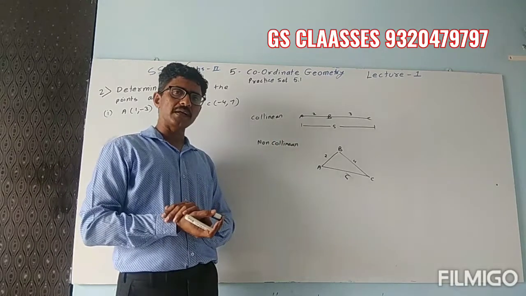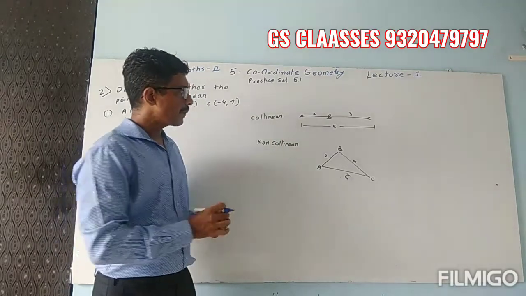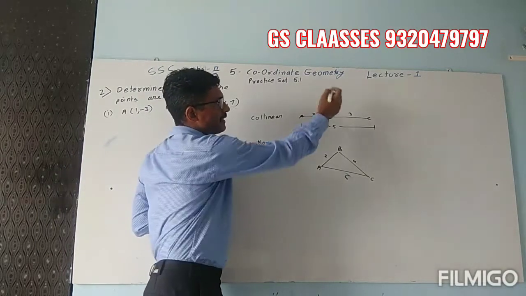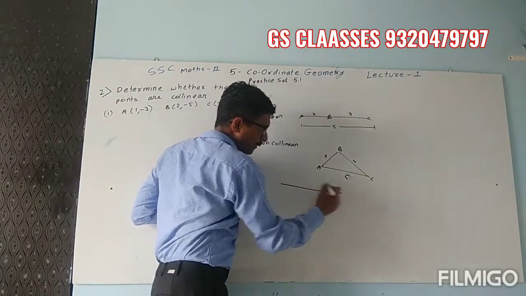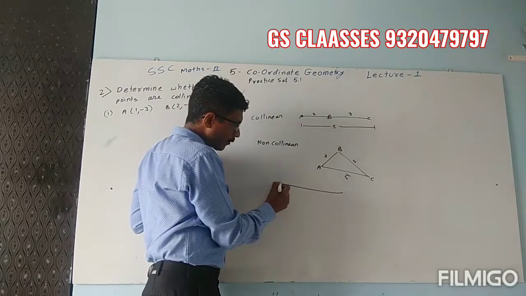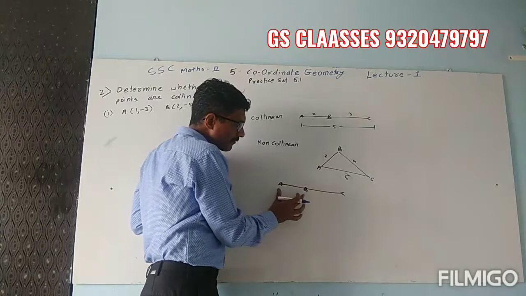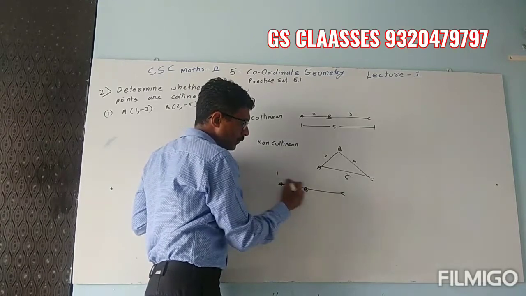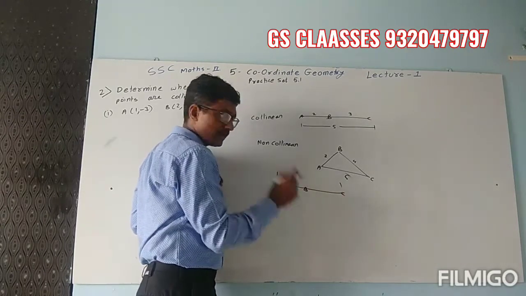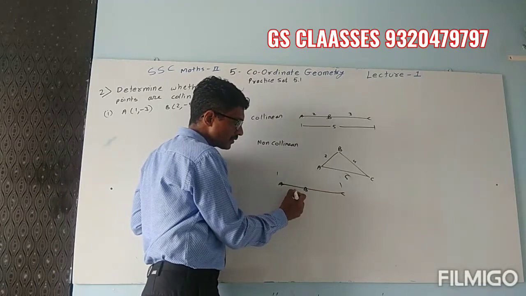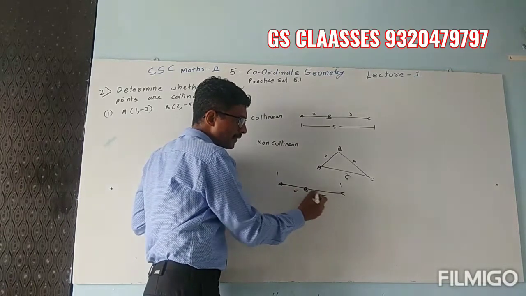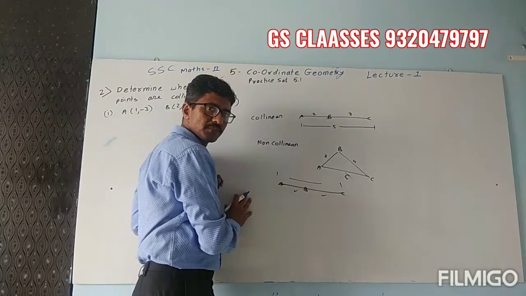How is it possible? Now see, suppose I am taking a line. I am taking one point here, one point here and one point here. Then definitely this much plus this much is going to be this much.